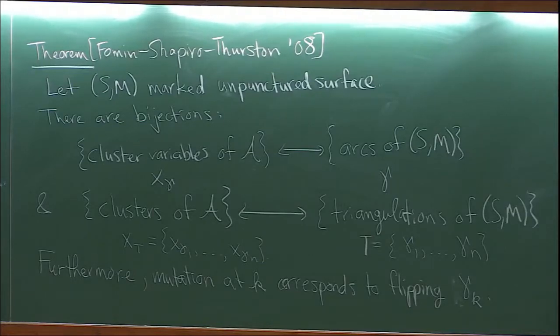Sorry? The number of tagged arcs in a tagged triangulation is the same as the number of arcs in an ideal triangulation. They have the same number. So it'll be clearer when I define what tagged arcs mean. So a tagged triangulation or a triangulation, they both have the same number of arcs in them.